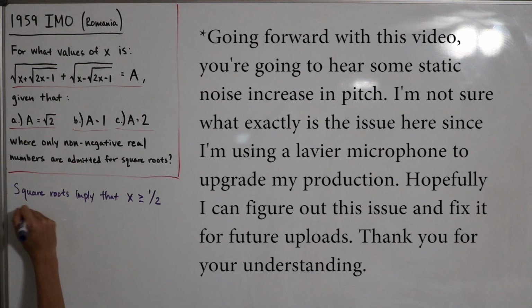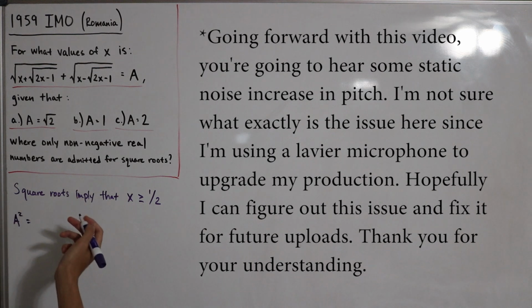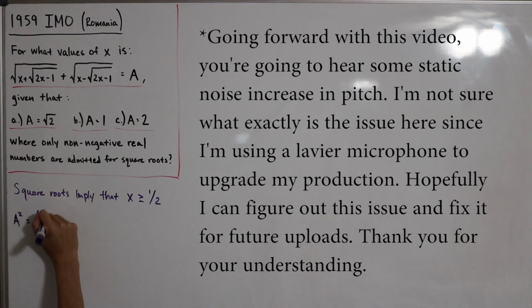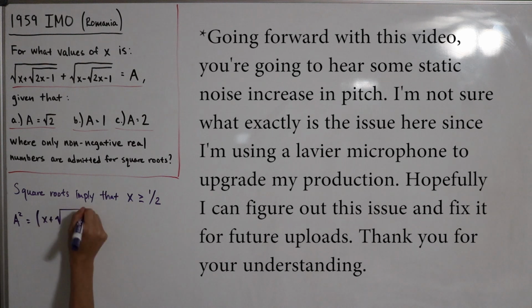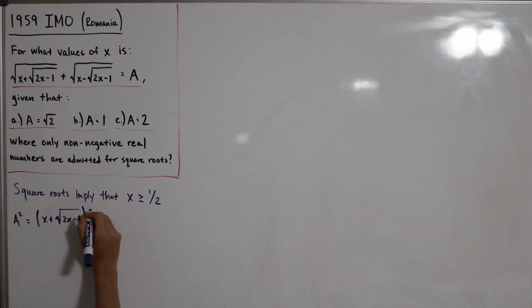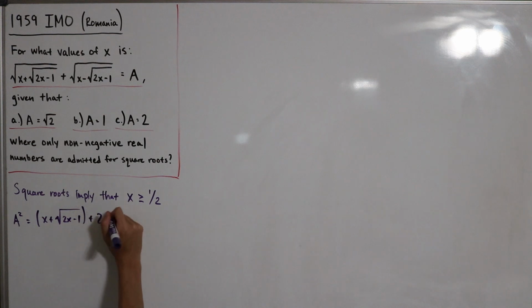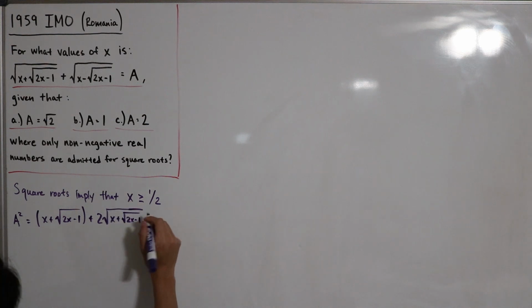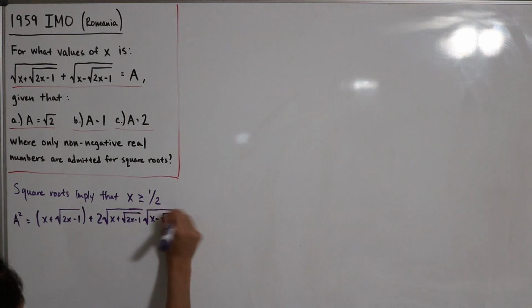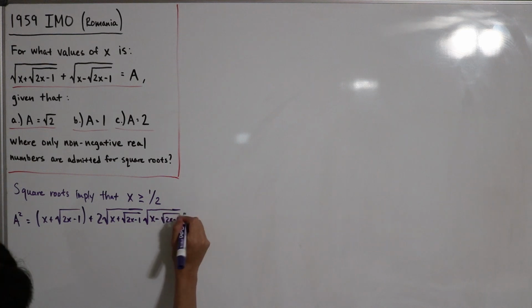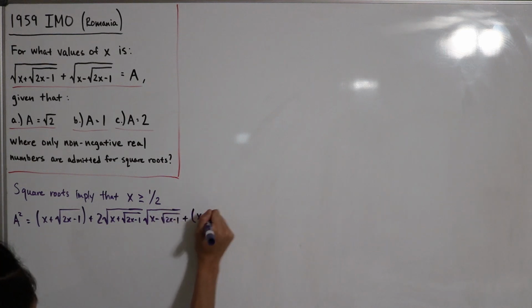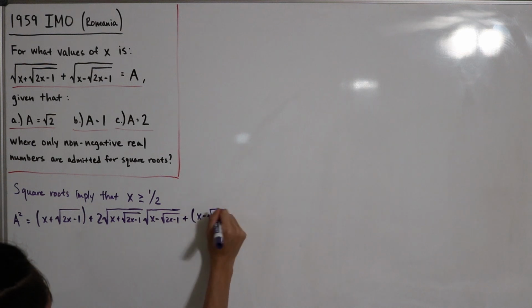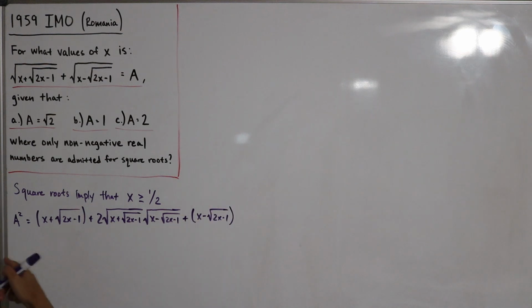So we have A squared is equal to x plus the square root of 2x minus 1, then plus 2 multiplied with the square root of x plus the square root of 2x minus 1, and of course multiplied with the square root of x minus the square root of 2x minus 1, and now lastly add that with x minus the square root of 2x minus 1. So that's our A squared.